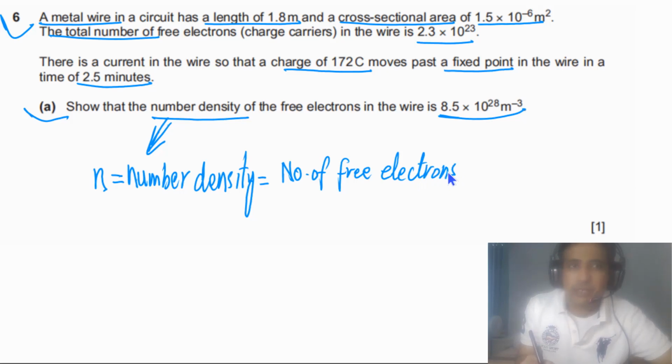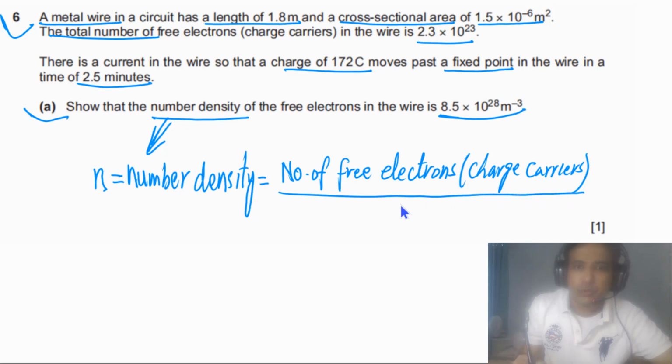Free electrons are, you can say, charge carriers. This is how we define number density: the total number of free electrons per total volume.